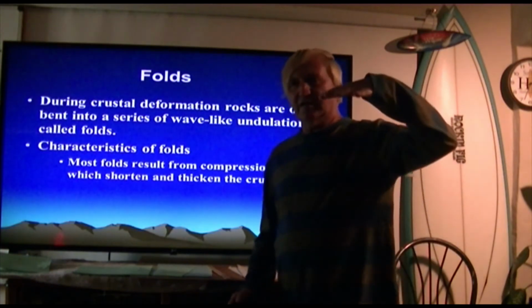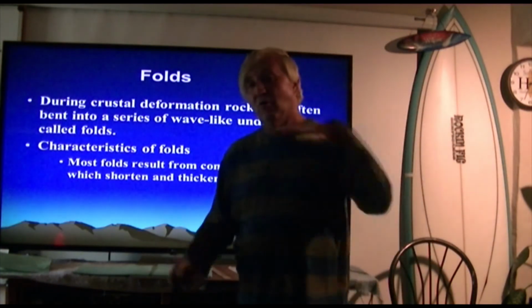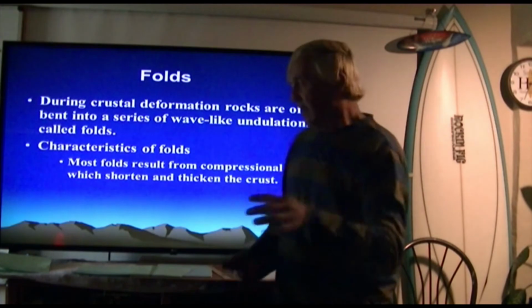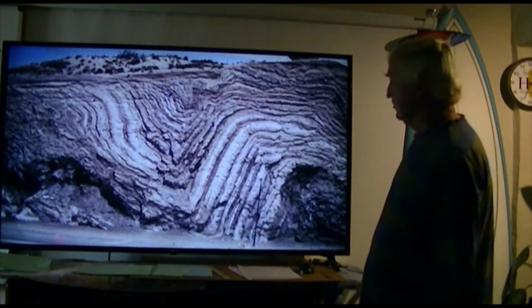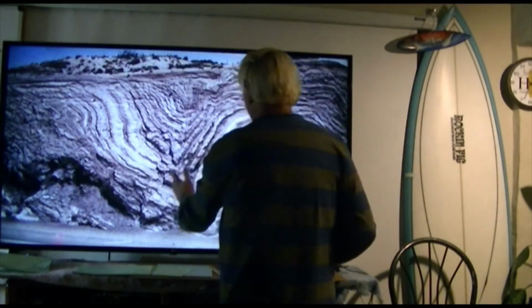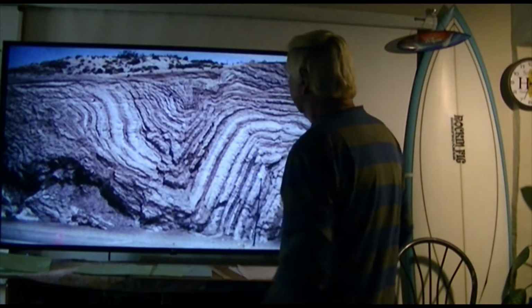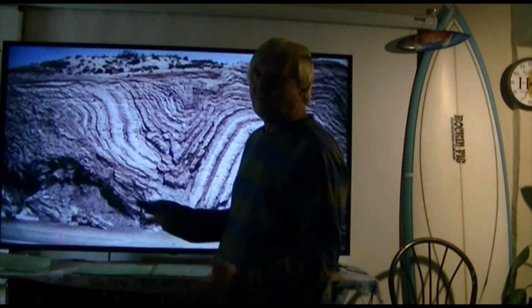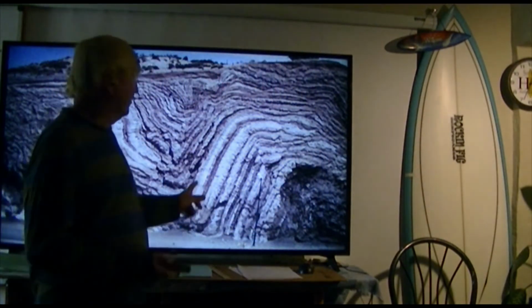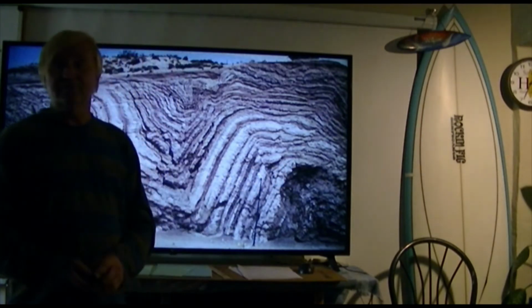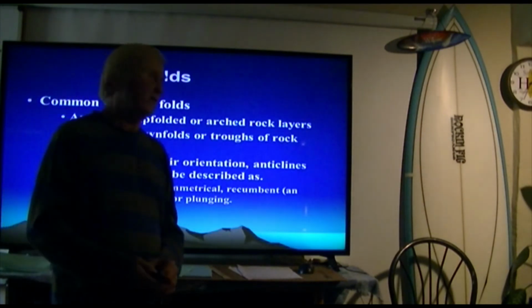These are anticlines that have both a vertical and a horizontal component to them. And I'm not going to worry about that so much. We're just going to look at these types of anticlines and synclines. So here is a great big syncline. In a test situation, I'm going to tell you the rocks are downfolded. You're going to tell me it's a syncline. If they're upfolded, you're going to tell me it's an anticline. And that's basically what I want you to understand.